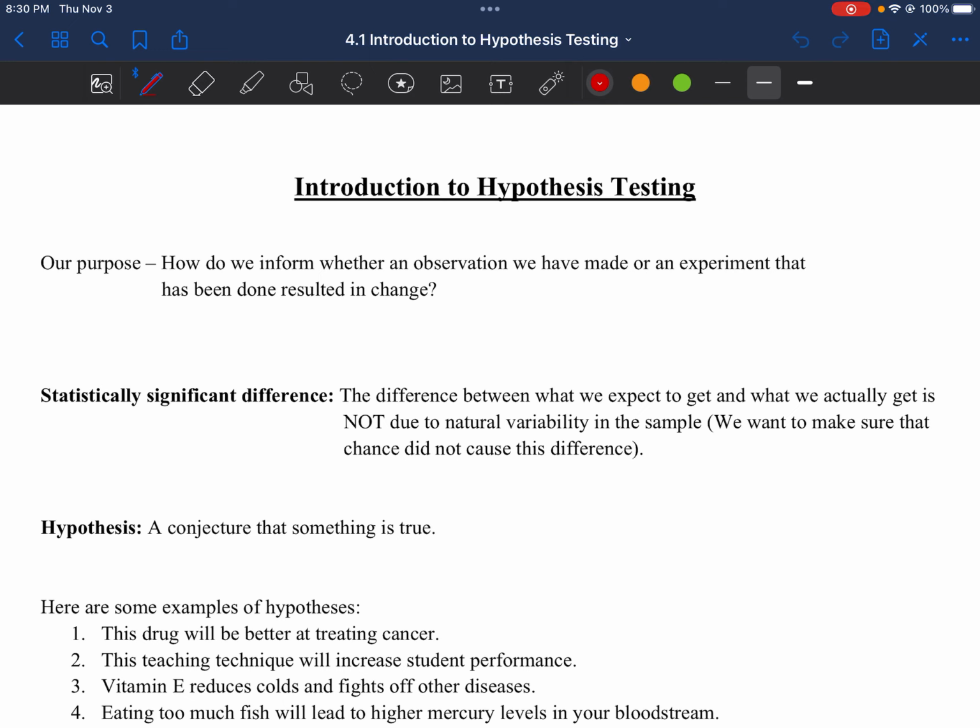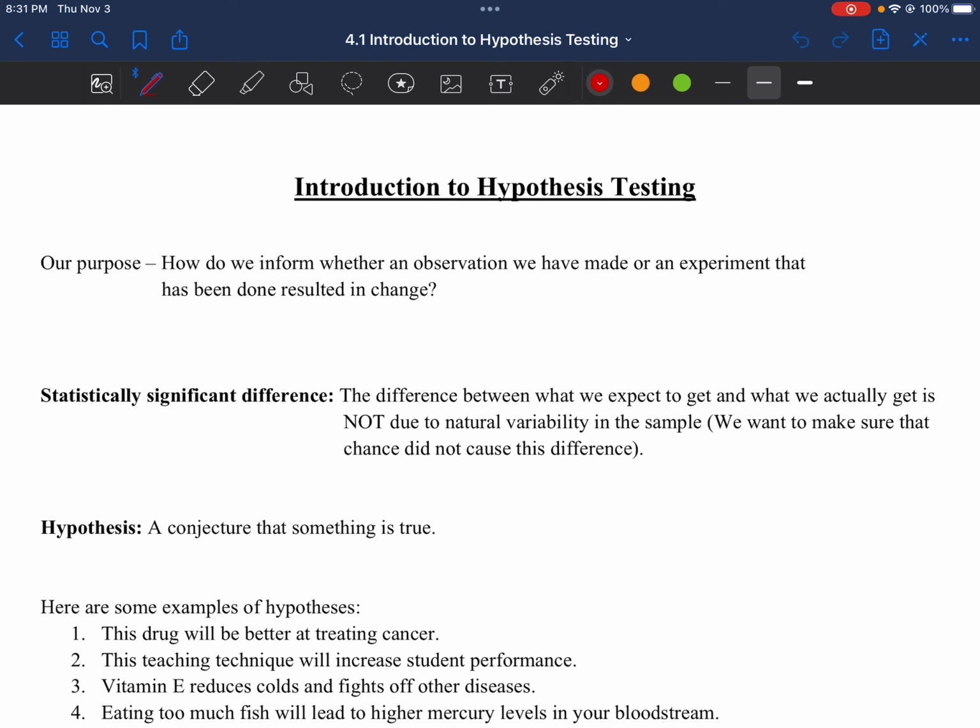What we want to know, though, is if we're trying to do something that affects change, we're doing an experiment to see if a drug is helping patients with a certain condition, we want to know whether the sample that we're taking, the mean of that sample, or the value of an individual is significant change. Or is it just chance?